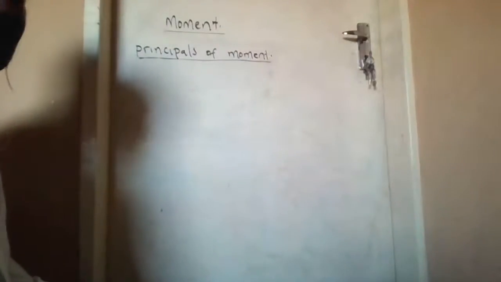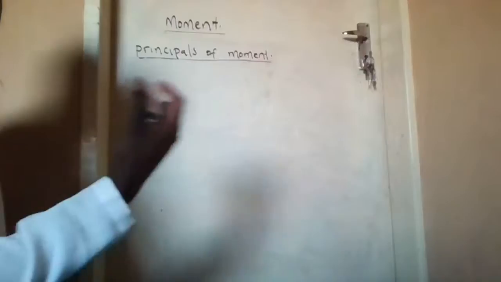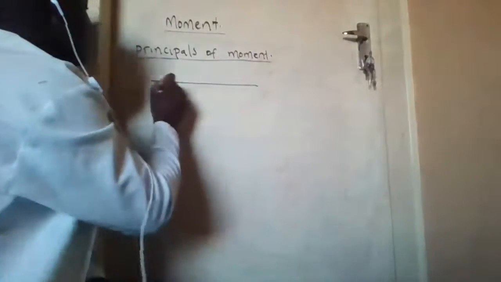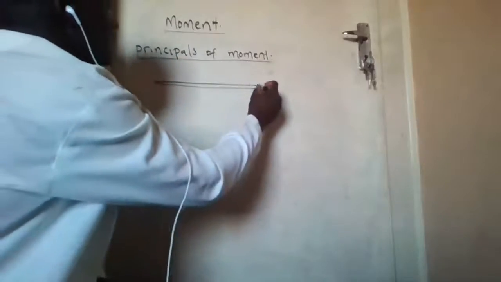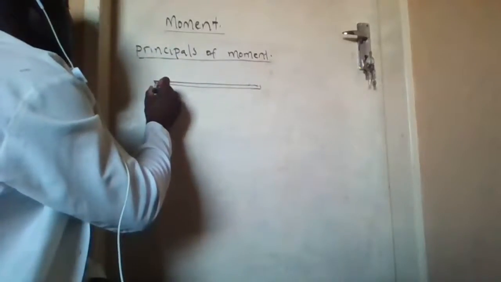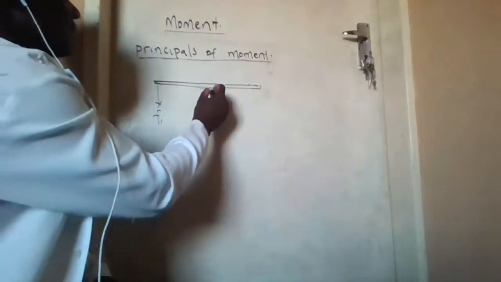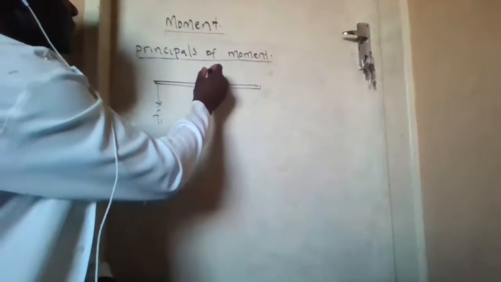Now, I will not state the principle of moments first. I'm going to explain with a diagram. When you have an object here, this is our rod. On the left, we have force 1. Here we have a pivot.